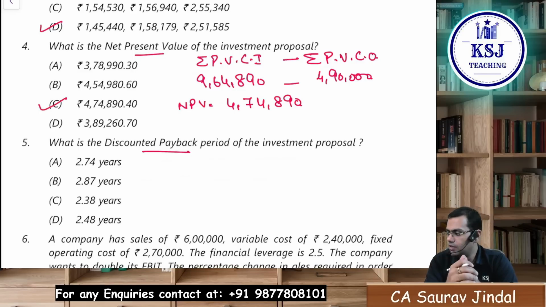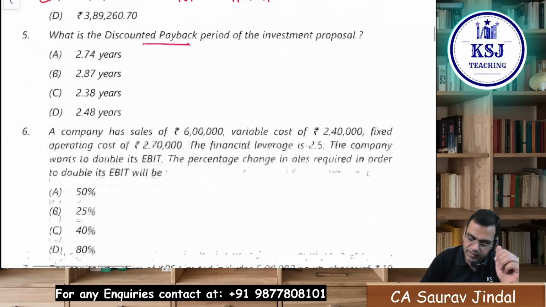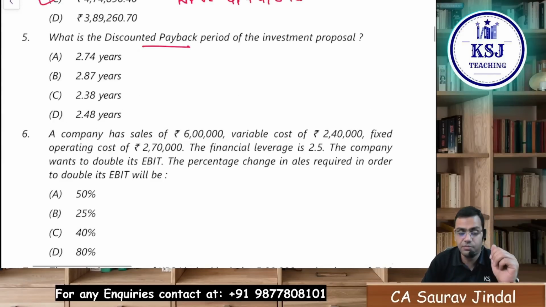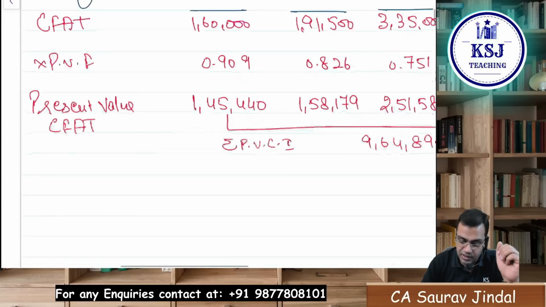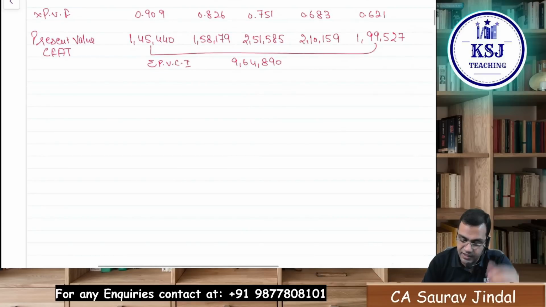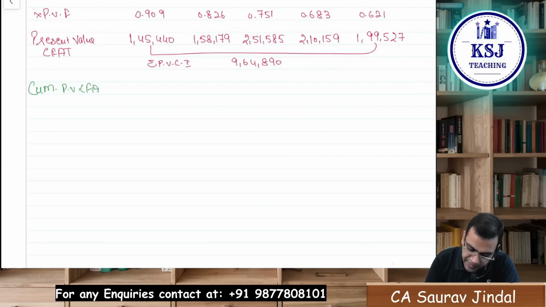This is how the NPV is to be calculated. Next one: what is the discounted payback period of the investment proposal? How will you calculate it? We have calculated the present value of the cash flows. Now we will calculate the cumulative present values: 1,45,440, then 3,03,619, then 5,55,204.